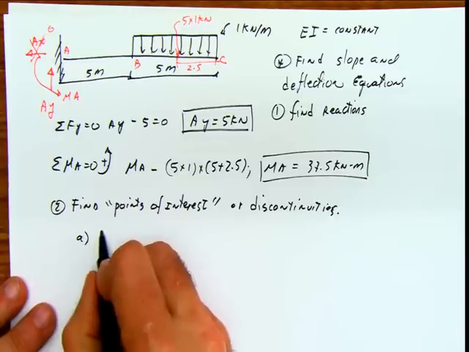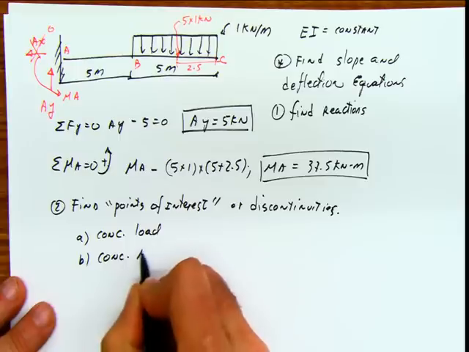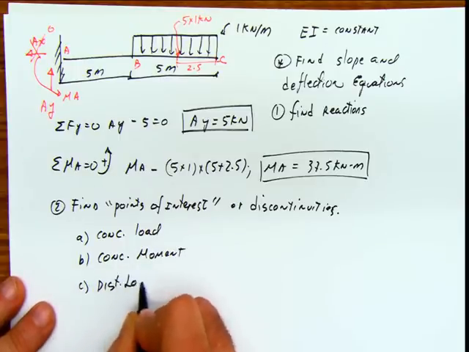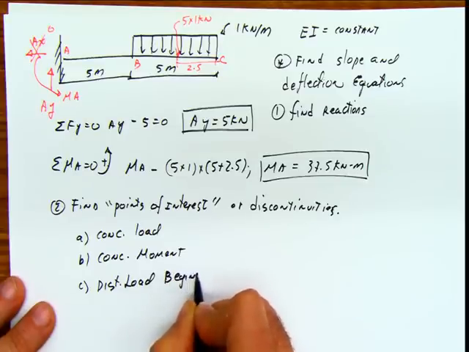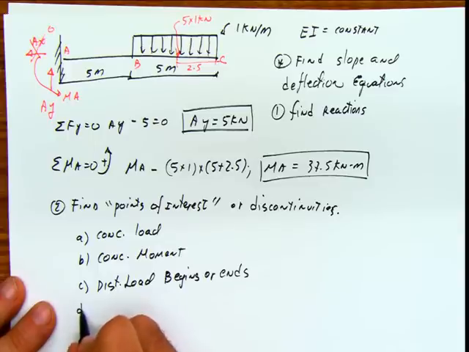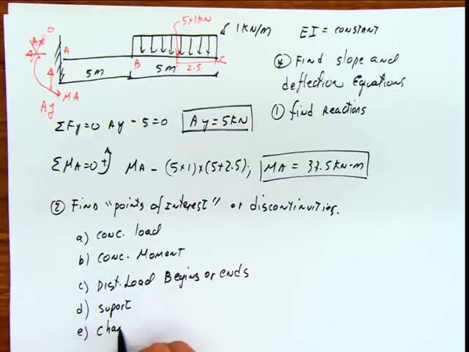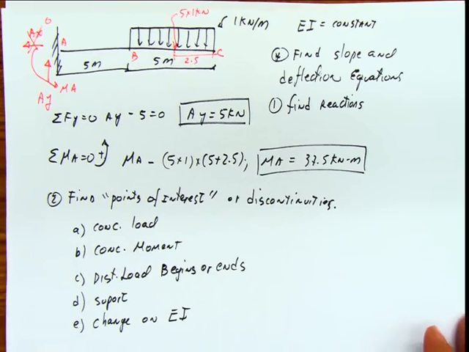What are those discontinuities, those points of interest? Well, wherever you have a concentrated load, wherever you have a concentrated moment, wherever a distributed load begins or ends, wherever you have a support, internal support, wherever you have a change in EI, those are all of these parts: stiffness or conditions or cross-sectional area or material properties.